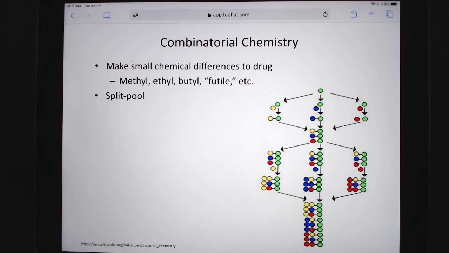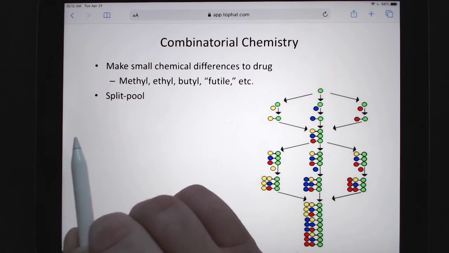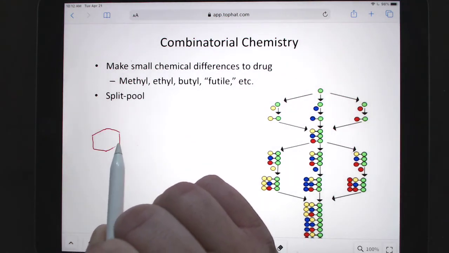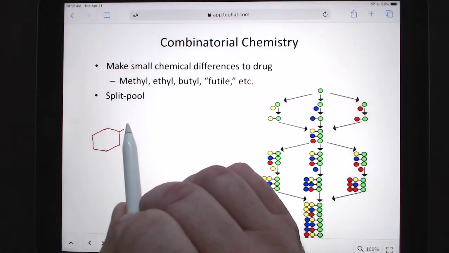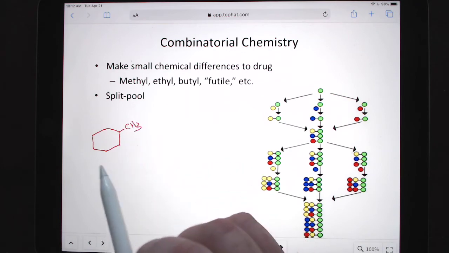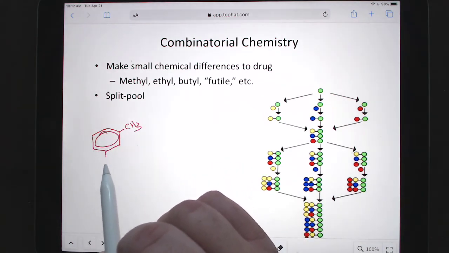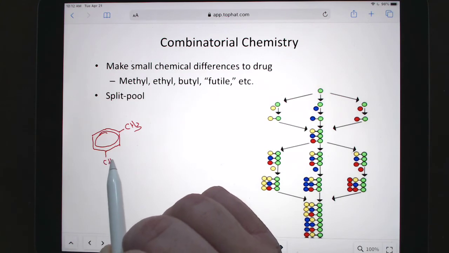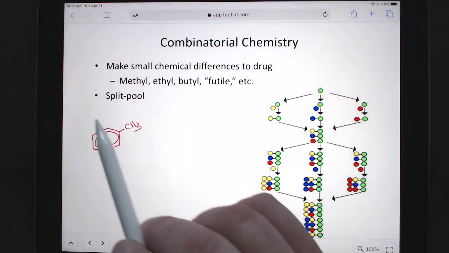Okay. The other thing you can do, along with high throughput screening, is what's called combinatorial chemistry. Here you're looking at a part of a molecule that we think is interesting, where you may need to put something. So let's say you've got a methyl group here, and this is part of your compound.